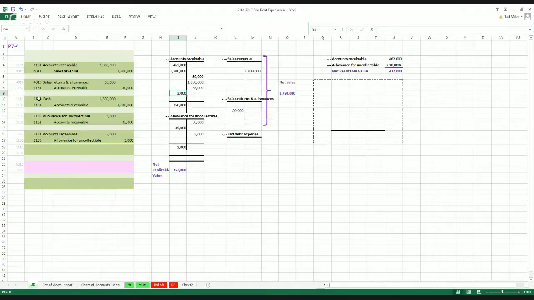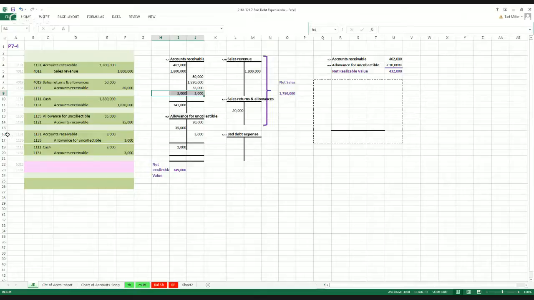Then, just like any other cash receipt now, I'm going to debit cash and credit accounts receivable $3,000. Now, the astute among you will see that the $3,000 debit and credit to accounts receivable offset each other.